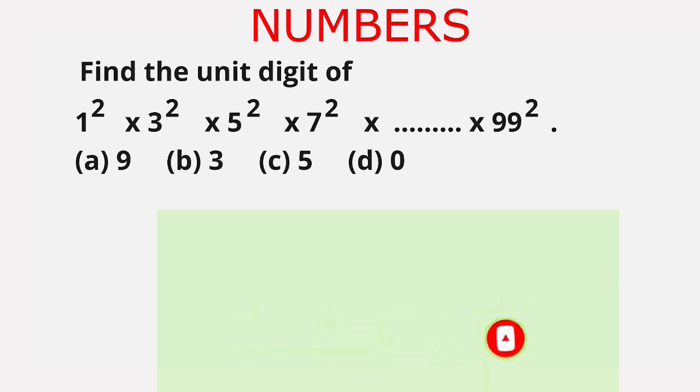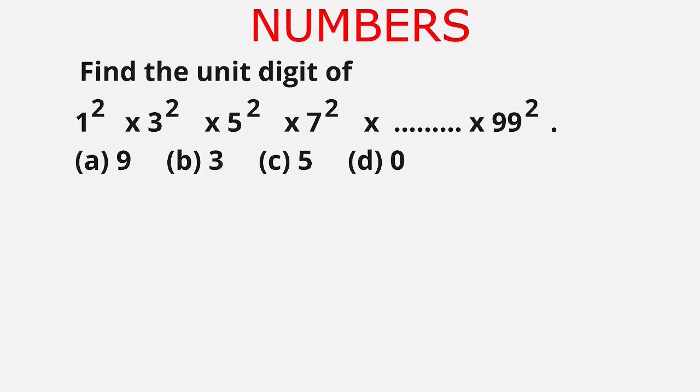This question seems to be difficult, but it is a very easy question, as this is the multiplication of squares of all odd numbers, and in odd numbers there will be 5, there will be 15, there will be 25, there will be 35, and so many numbers ending with 5.